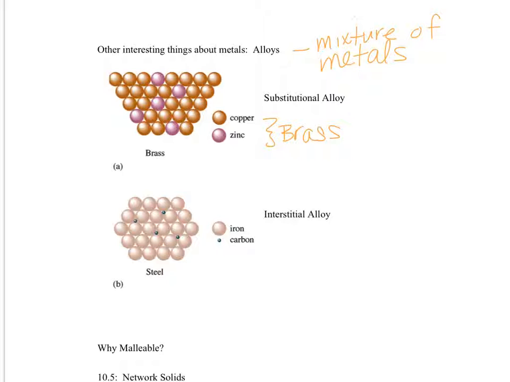Another example of a substitutional alloy is plumber's solder, which is 95% tin and 5% antimony. Another example, sterling silver, is 93% silver and about 7% copper, which I'm sure many of you probably didn't realize.